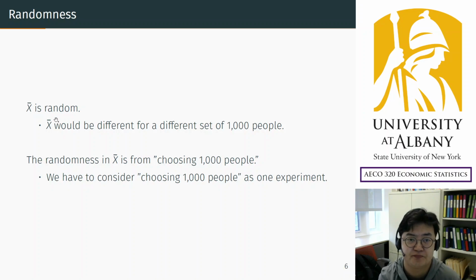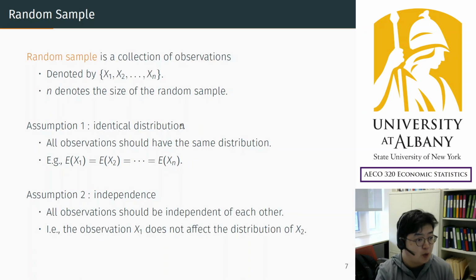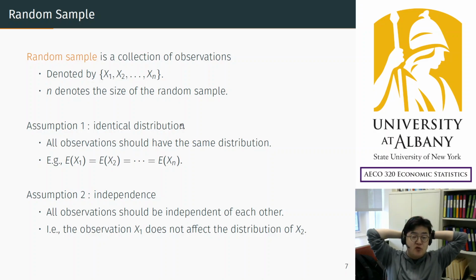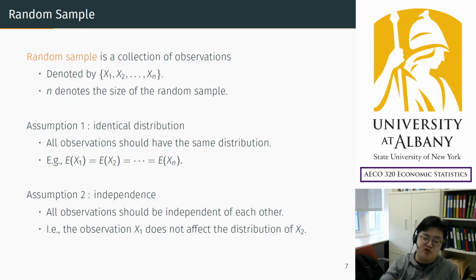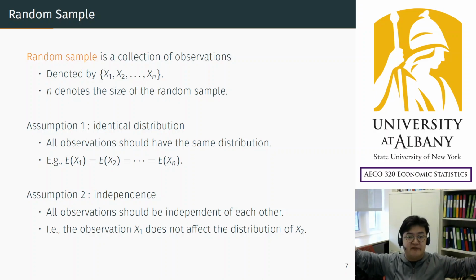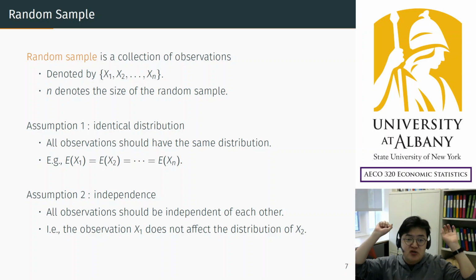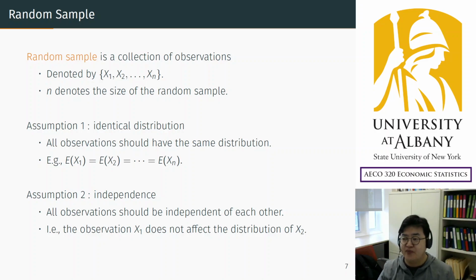So we need to distinguish the sample from the population. The population is a kind of infinite world; you cannot observe everyone. If you could observe everyone, then there is no inference. It's just a matter of computation, right?